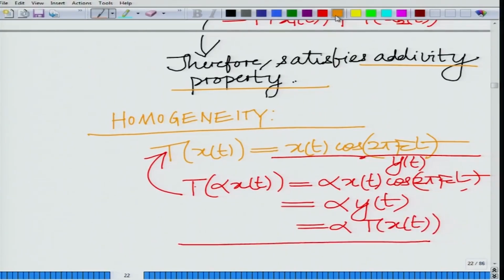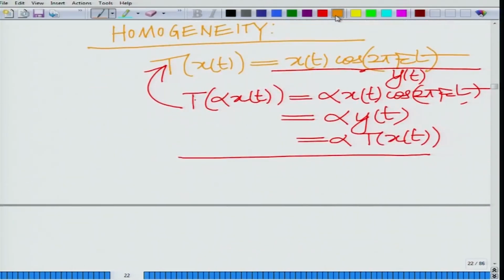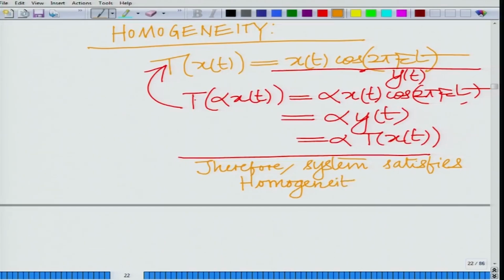Therefore T of alpha times x(t) is alpha times T of x(t), and the system satisfies the homogeneity property. So the system satisfies both additivity and homogeneity properties. Therefore, the system is linear. So the modulation system is a linear system.